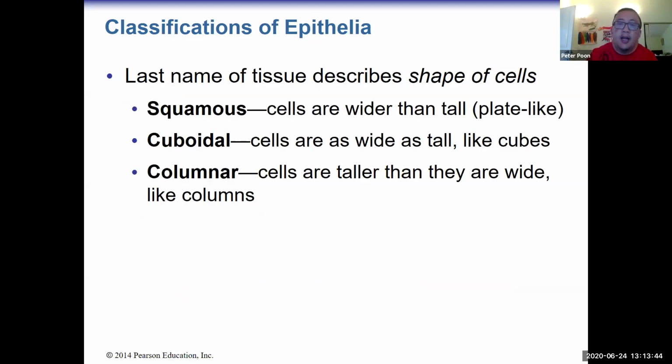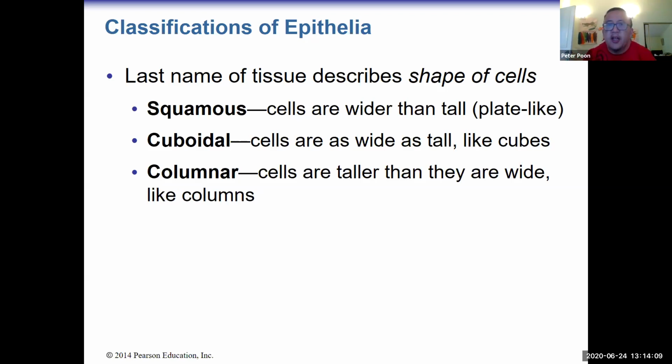Next, okay, the last name of the cell tissue describes the shape of the cells. Okay, so if I have a regular square-shaped cell, okay, they're going to be cuboidal, cubes, right? Cuboidal cells look like cubes. Now I can take this cube and I can do two things to that cube. I could flatten it, okay?